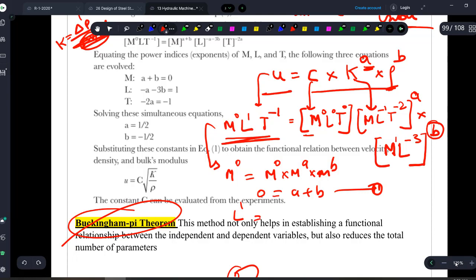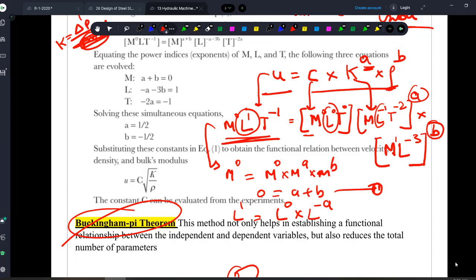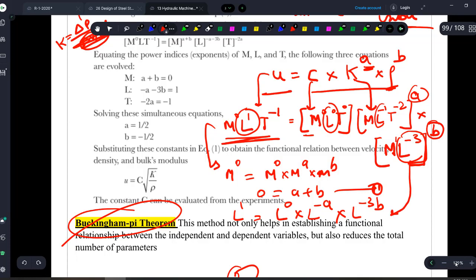L to the power of 1, because I have L to the power of 1, equals L to the power of 0 into L to the power of minus a, because L to the power of minus 1 whole to the power of a is nothing but L to the power of minus a, into L to the power of minus 3b. Agreed or not? From here I got 3b. So I can write 1 equals minus a minus 3b. So this is my equation 2.